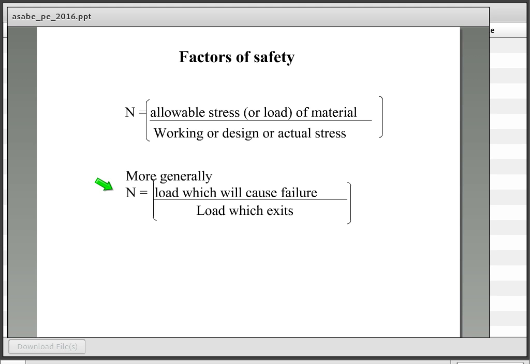So the load which causes the part not to function properly divided by the load which actually exists hopefully would give you a factor of safety. We do not want to design right up to the point of failure or up to the load which would cause malfunction or unsatisfactory function in a part.